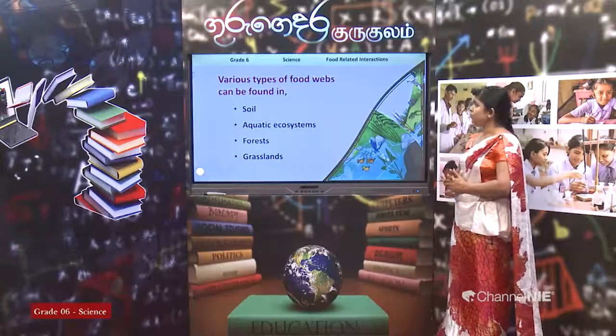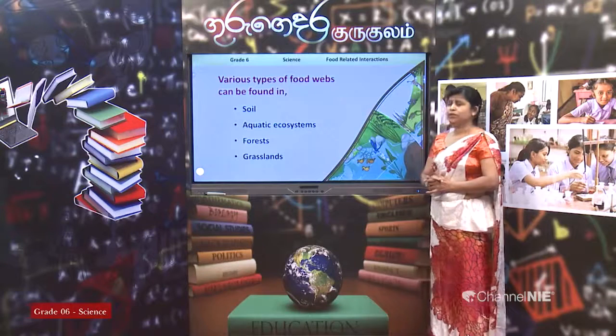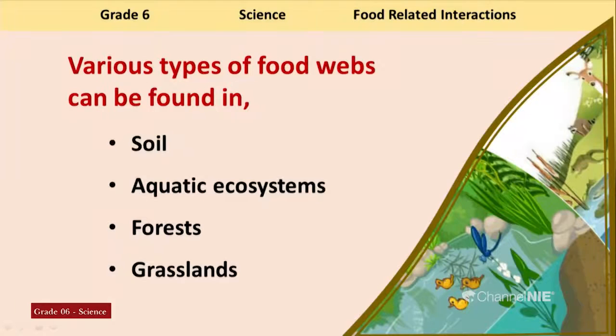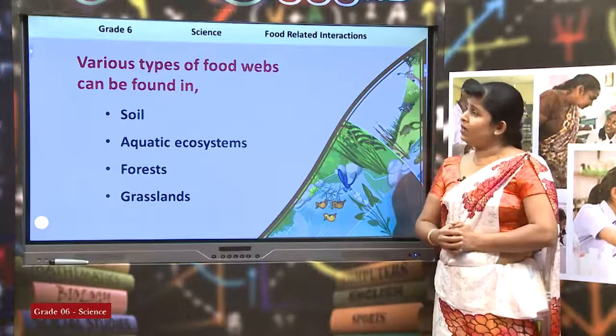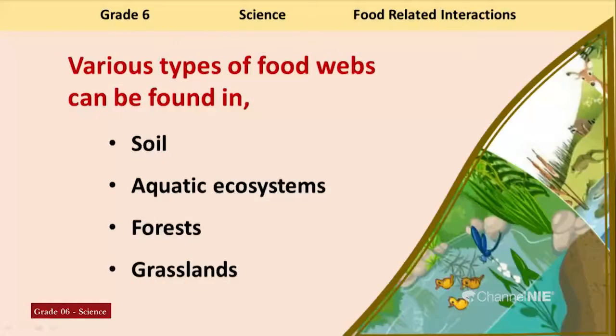Various types of food webs can be found in different environments. Our environment consists of different ecosystems like aquatic ecosystems, forest, grassland, soil or decaying logs, which are also considered ecosystems. So, different types of food webs can be found in different ecosystems.